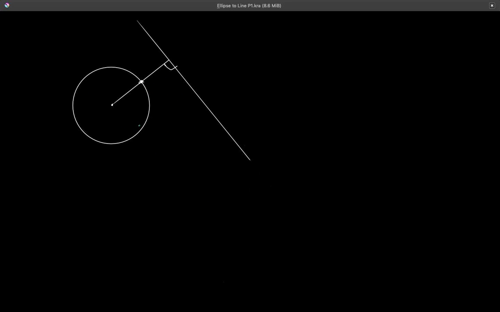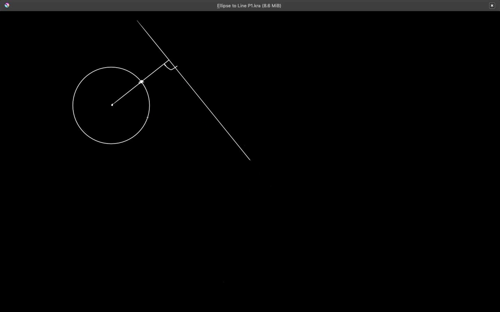I've drawn an arbitrary circle and an arbitrary line, and the point on this circle that is closest to this line is simply found by dropping the altitude from the center of the circle down to the line, and then finding the intersection point of that altitude with the circle. Intuitively, it is obvious that this is the closest point on the circle to the line. But how would we prove that formally?